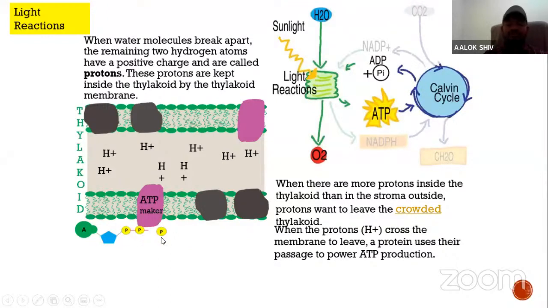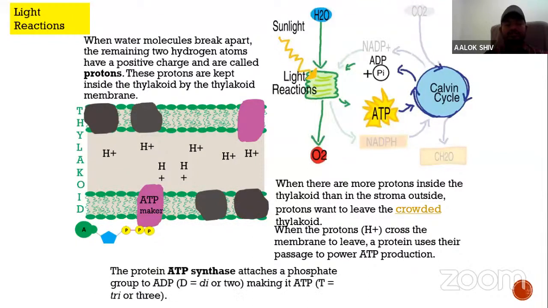That's why it is diphosphate, and with the help of this H plus ion, this ATP synthetase will add this phosphate to ADP, and now it will form the ATP. You can see here these two have been added. So now it will become ATP, adenosine triphosphate, that is the source of energy and the energy currency, as we see.